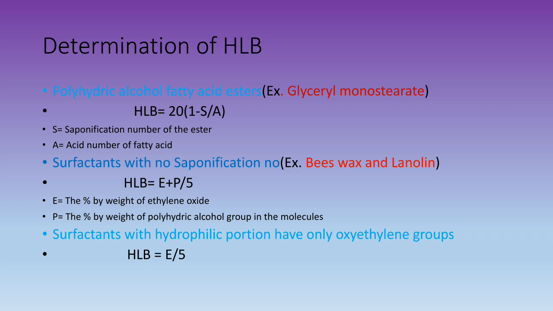Now for surfactants which have no saponification value, examples being beeswax as well as lanolin, there is another formula: HLB is equal to (E plus P) divided by 5. Here E is the percentage by weight of ethylene oxide, so we have to find the ethylene oxide in that surfactant, and P is the percentage by weight of polyhydric alcohol group in the molecule.